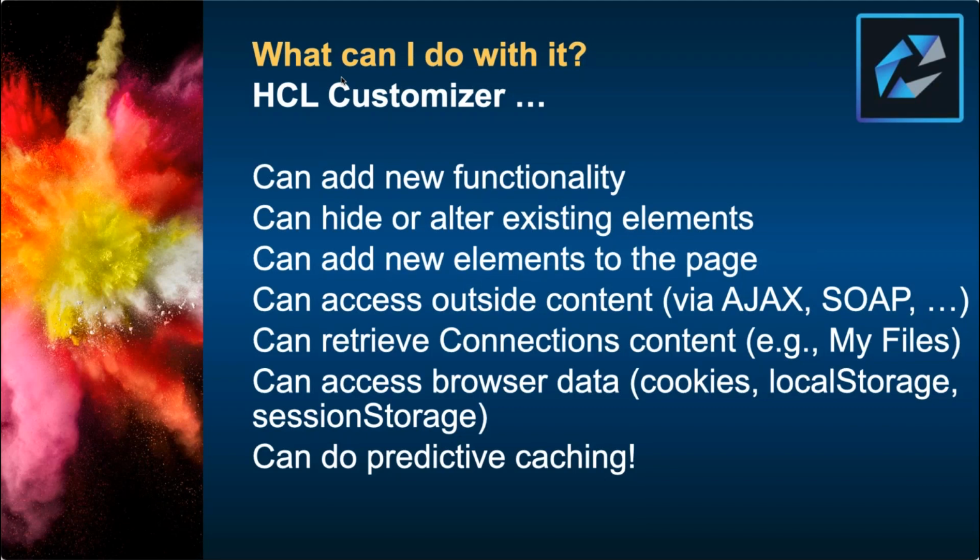And one element that often gets overlooked is the predictive caching. When I showed you how it works with Diane's request going to the server, and then there's this additional step of the customizer checking a condition and injecting code, you would think that will slow things down, right? No, it does not.